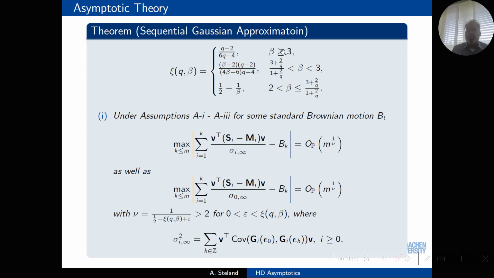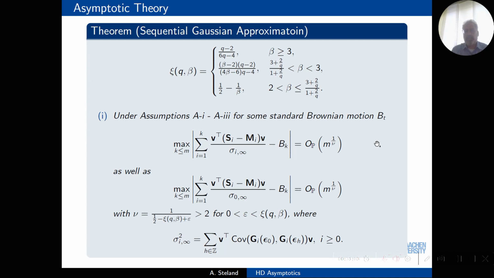And if we have higher, so less dependence, this means beta is large, then we have an expression where only Q enters. And Q is the number of moments we have available. So we can become better if we have more moments and less dependence.